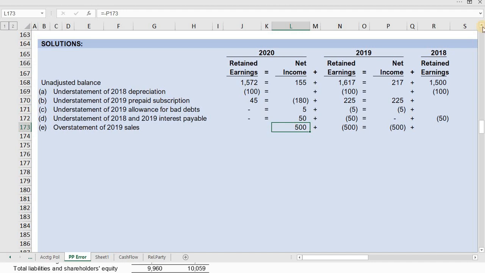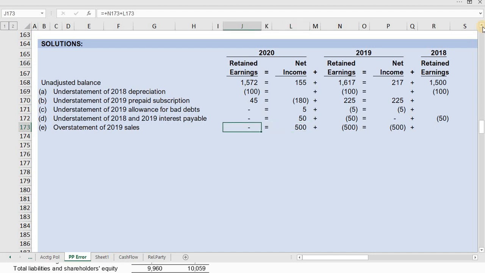And since the error in 2019 affected 2 years of net income, so that is an overstatement in 2019 and an understatement in 2020, it means the retained earnings at the end of 2020 is already correct and there is no need for any adjustments.